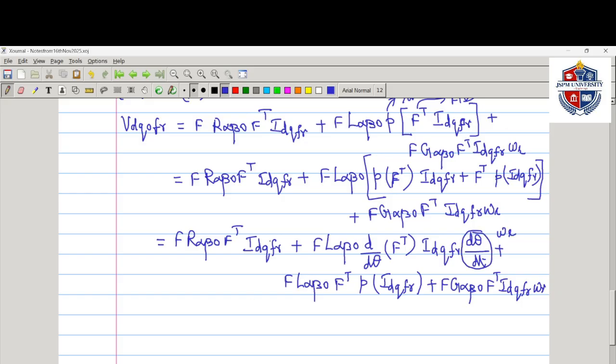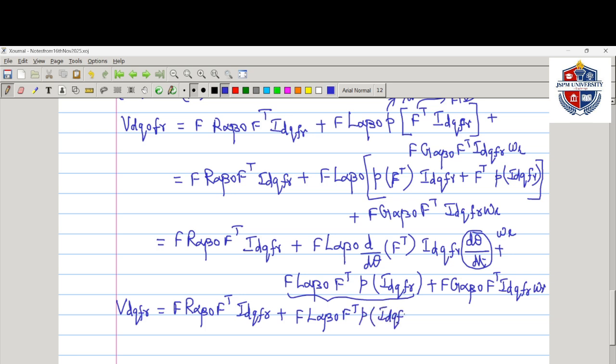Therefore, we are going to segregate everything. That is, V dq fr is nothing but F R alpha beta 0 F transpose into I dq fr, plus this is one speed term and this is the voltage inductance term. So I will write F L alpha beta 0 F transpose P of I dq fr.